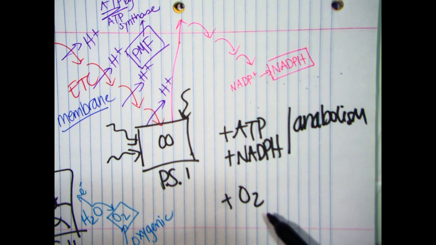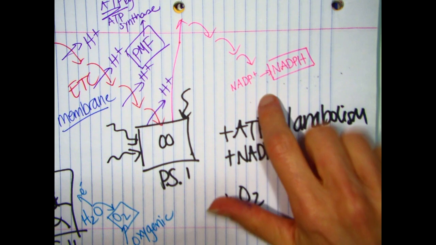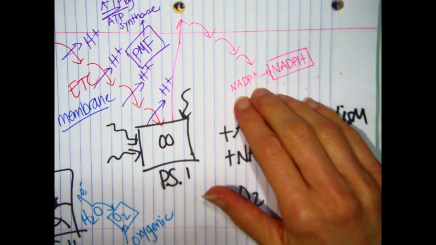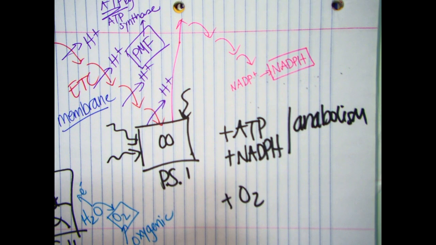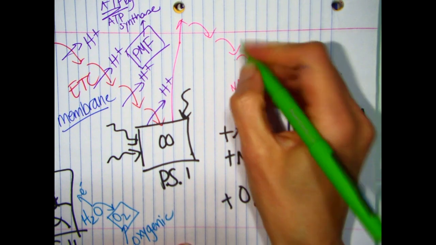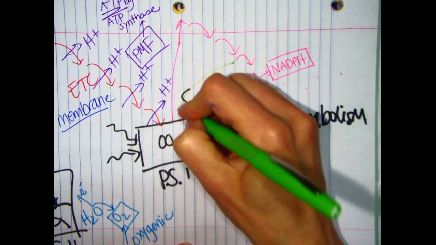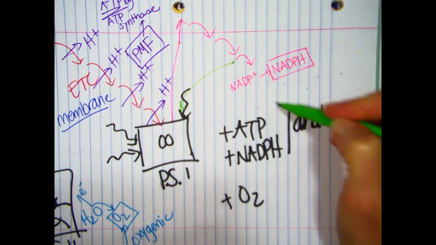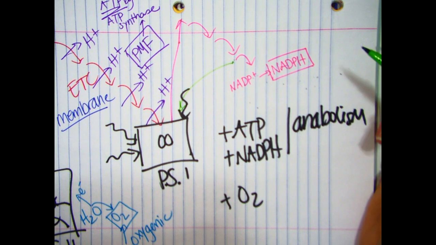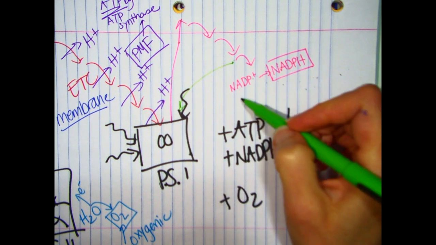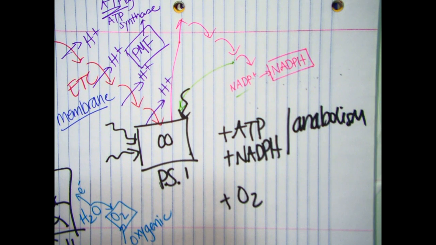So we make it, but it's not really considered to be a product. It's more like an extra thing that happens. If there are not enough NADP pluses to accept these electrons, then the electron gets about here, and then it just jumps back, boing, and goes back through this second short electron transport chain again, until there are plenty of NADP pluses.